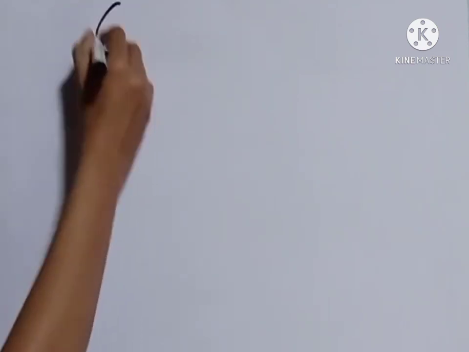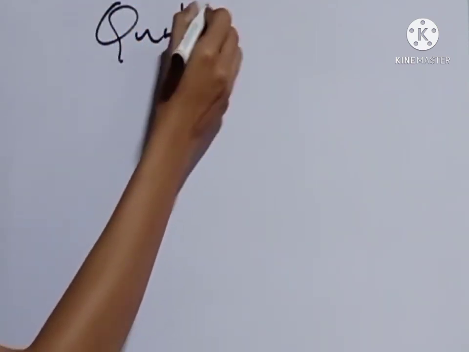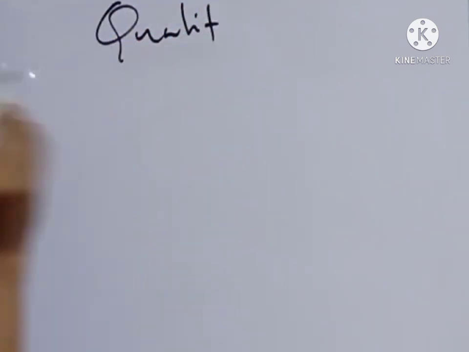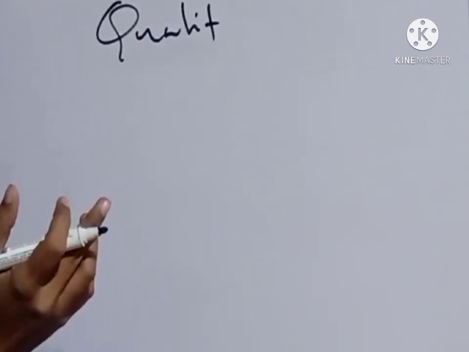Now let us talk about the significance of these two terms, that is, the significance of common ion effect and solubility product. Actually, in qualitative analysis, the qualitative mixtures are found out mainly by precipitation methods.